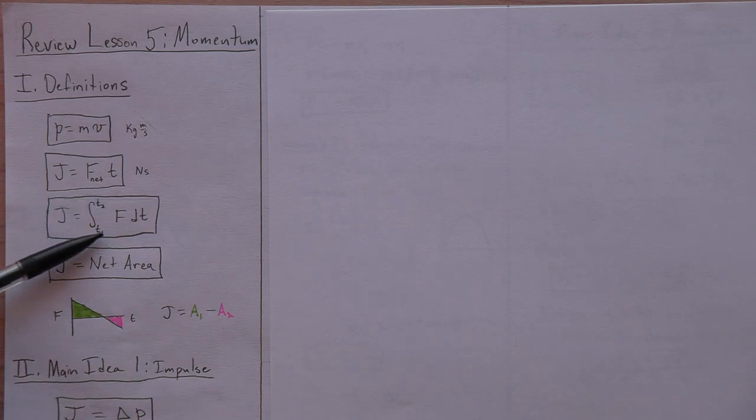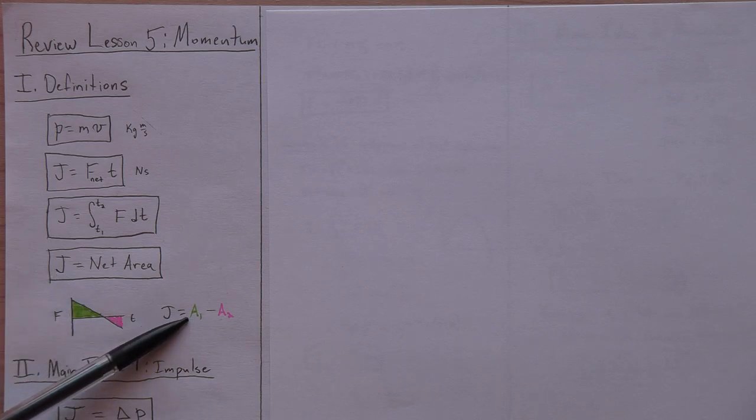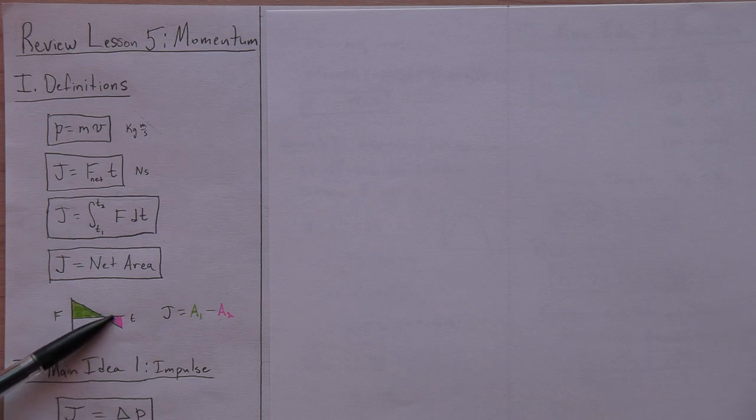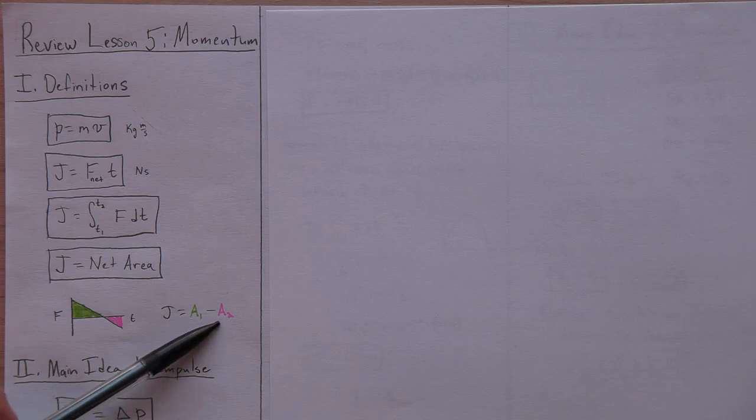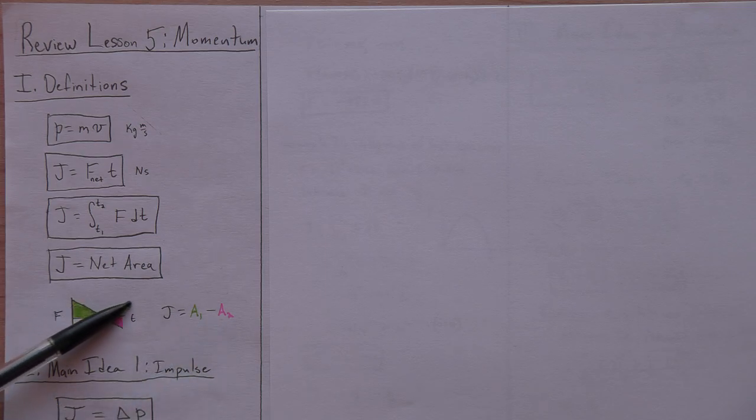When we do force times time, if we have a graph like this, we have formulas to calculate the areas because it's not a curve but some kind of linear pattern. Any area above the t-axis counts as positive impulse, and any area below the t-axis counts as negative impulse. Sum that up and you get the impulse.